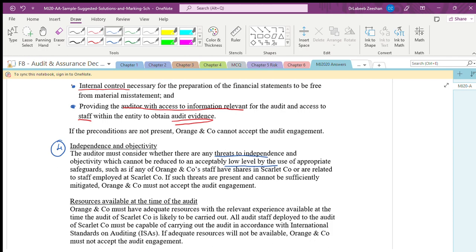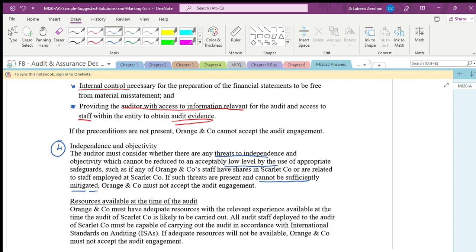If such threats are present and cannot be sufficiently mitigated, in terms of independence, in terms of objectivity, we have to make sure that any people working have no intercommunications, as simple as that. Any self-interest is there, automatically.